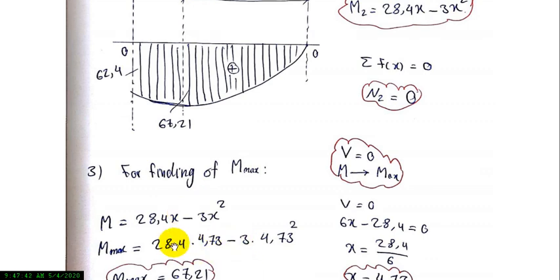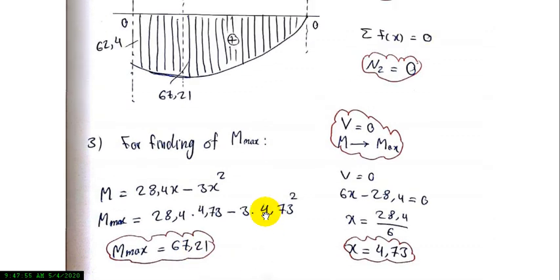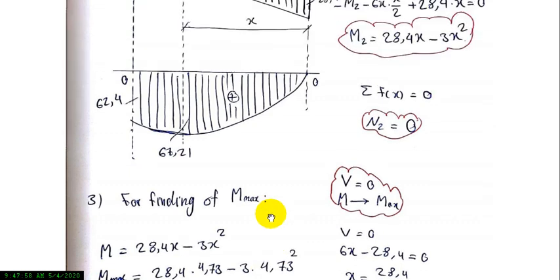After the calculation, we obtain the maximum moment, 67.21 kilonewton meters, for the second section.